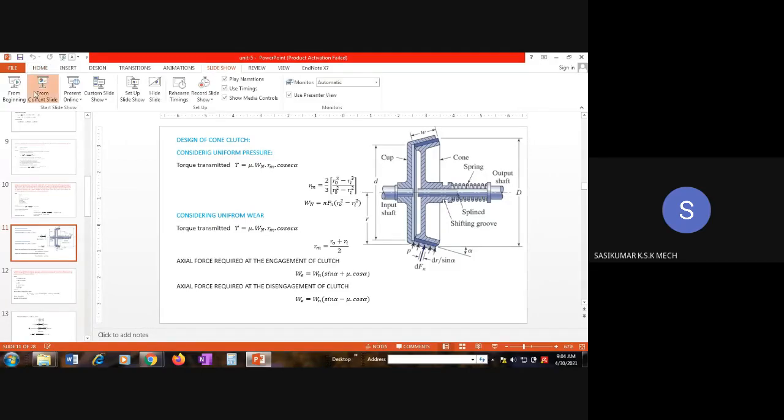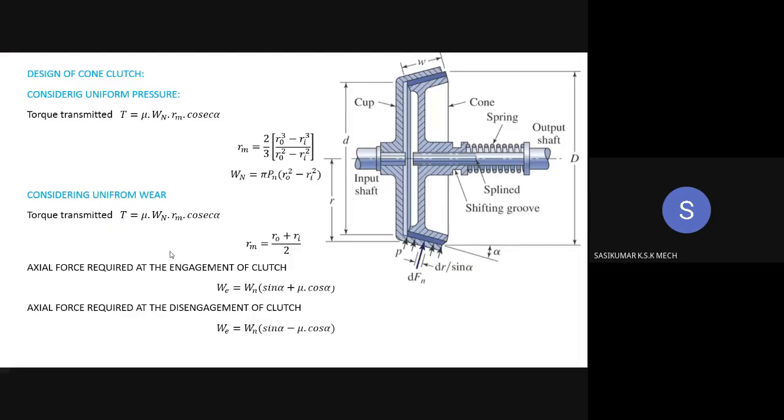Okay. So in that case, you have another variety of clutch called cone clutch. In the single plate or multi plate clutch, the axial force was perpendicular to the frictional surfaces.